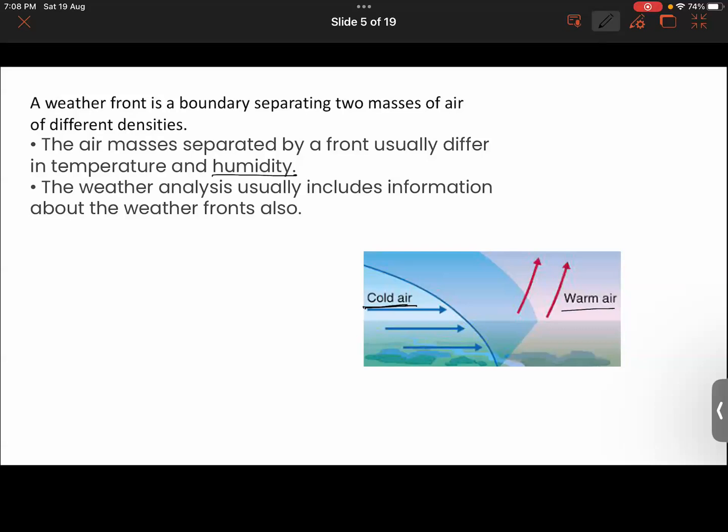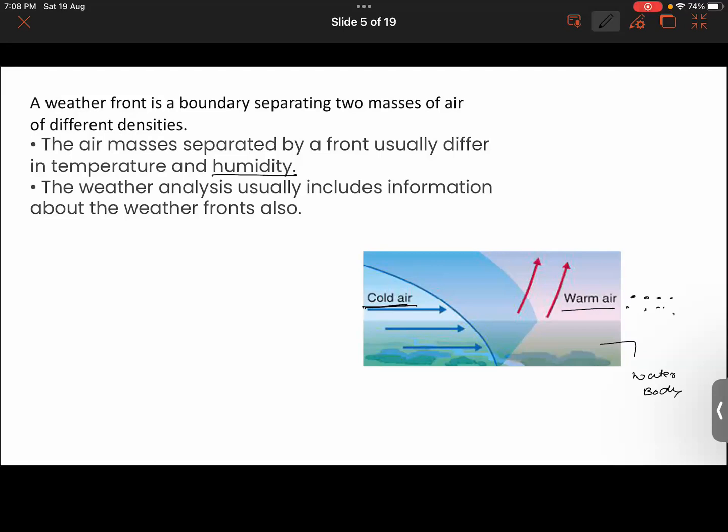Like the warm air, you see, is going to rise up and then form clouds also. It is responsible for the formation of clouds. So it must be carrying water vapor along with it as well. See, this here is a water body. Getting it? So they are carrying water molecules with them as well.